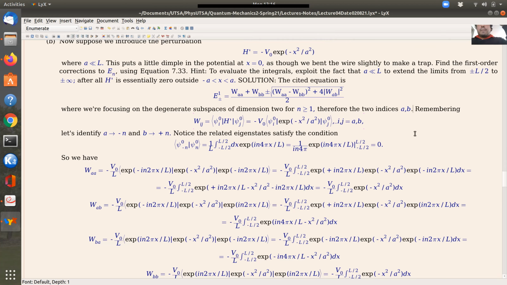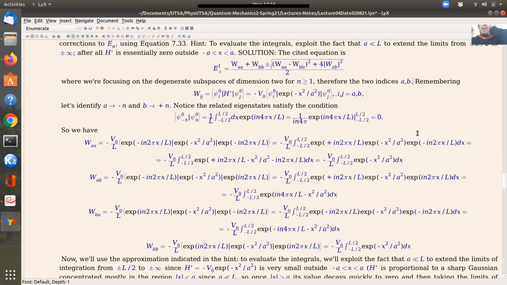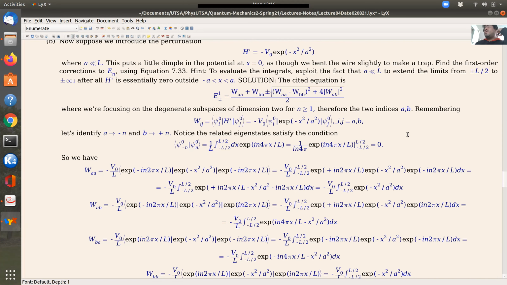unperturbed states. And we're going to do an identification because we're focusing, of course, on each degenerate subspace. So meaning that, let's think now in the old notation where n was going from 0, 1, 2, etc., and each value of n had two wave functions, plus n and minus n.